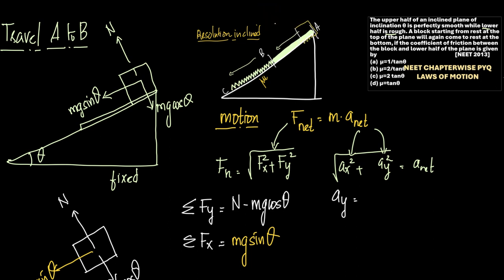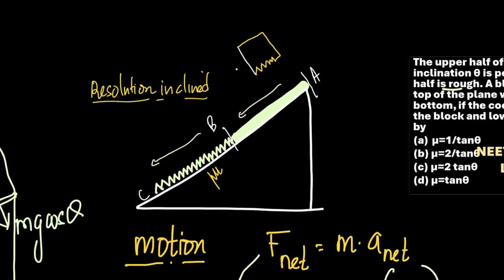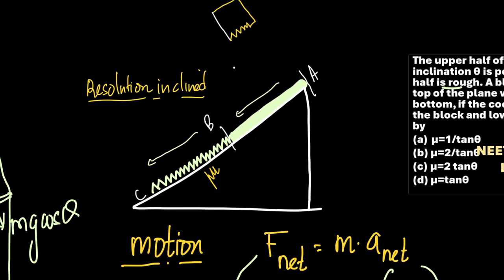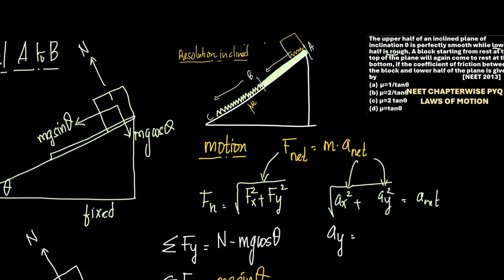It is not going up like this, it's not going down like this. It is rather sliding down the surface, which means there is no motion in the vertical direction, either positive or negative. It is having motion only along the inclined plane.